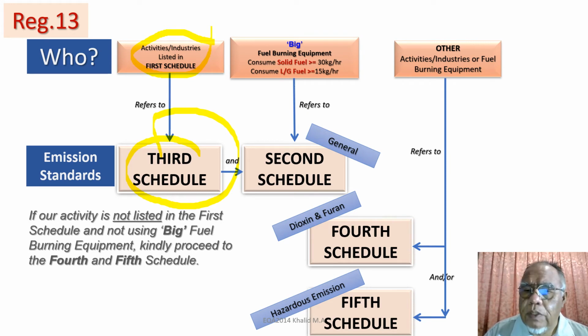It is based on research, on years of reports and analysis of the nature of air pollutants coming from those industries, all right? So those other industries, which maybe do not meet the criteria listed in the first schedule, their emission standards shall be in the fourth and fifth schedule. We'll come to that later. Are you ready? Let's get into this particular.